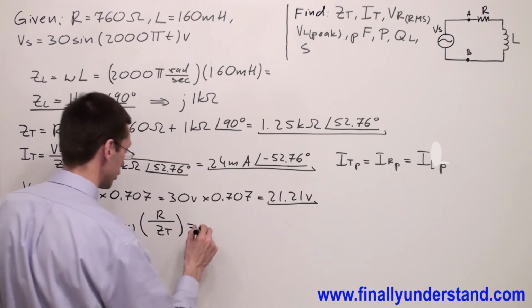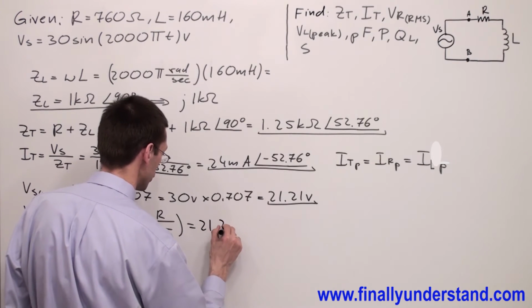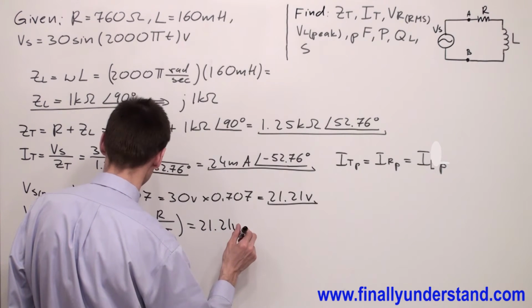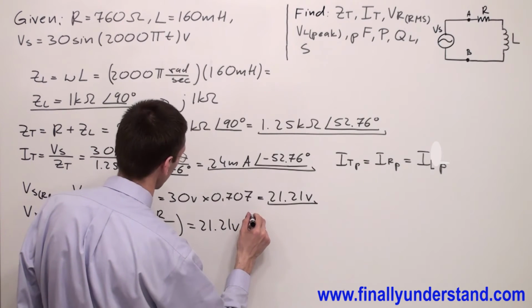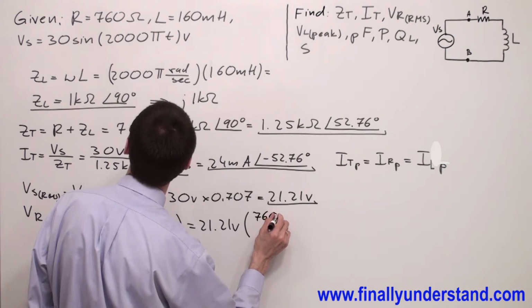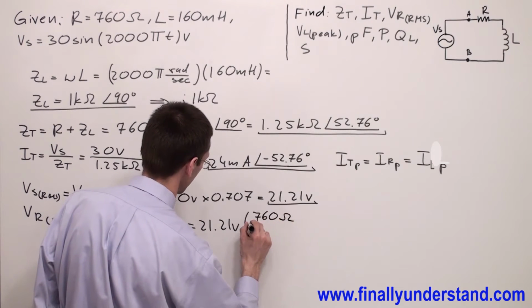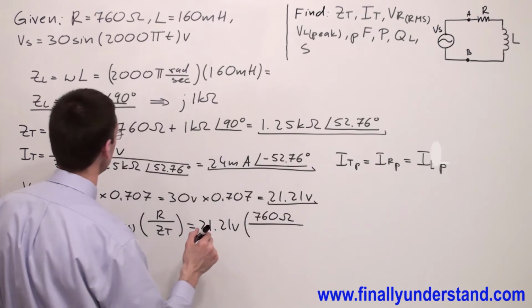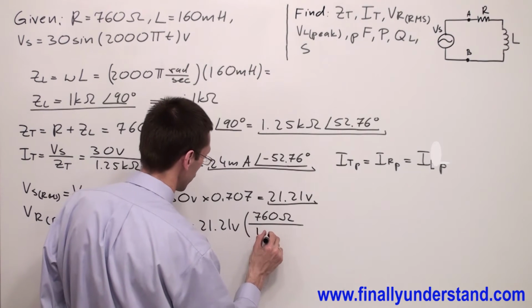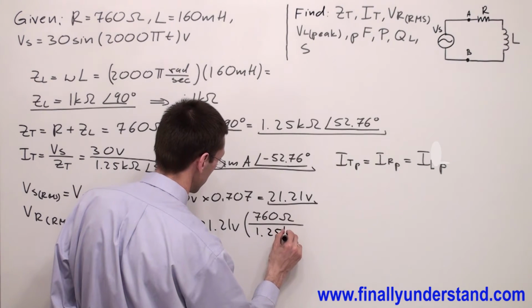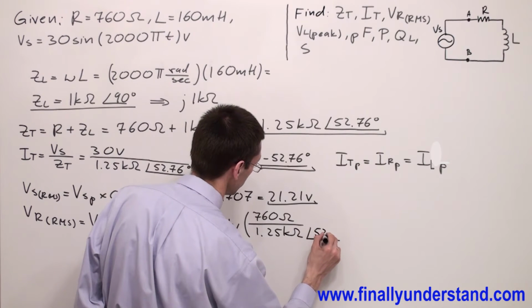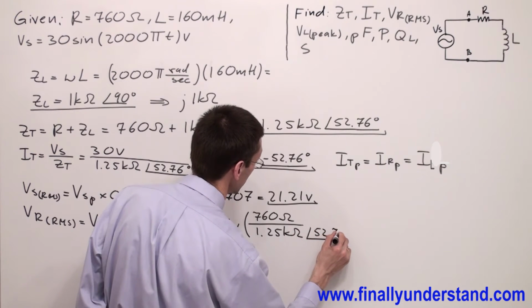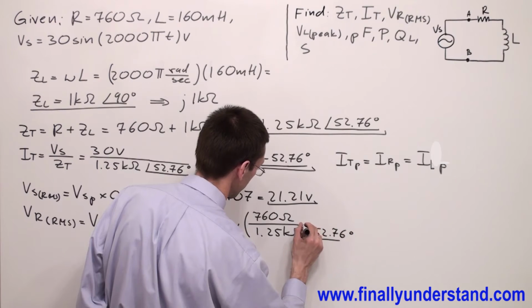So I have 21.21 volts times R, which is equal to 760 ohms, over Z total, which is equal to 1.25 kilo ohms and angle of 52.76 degrees.